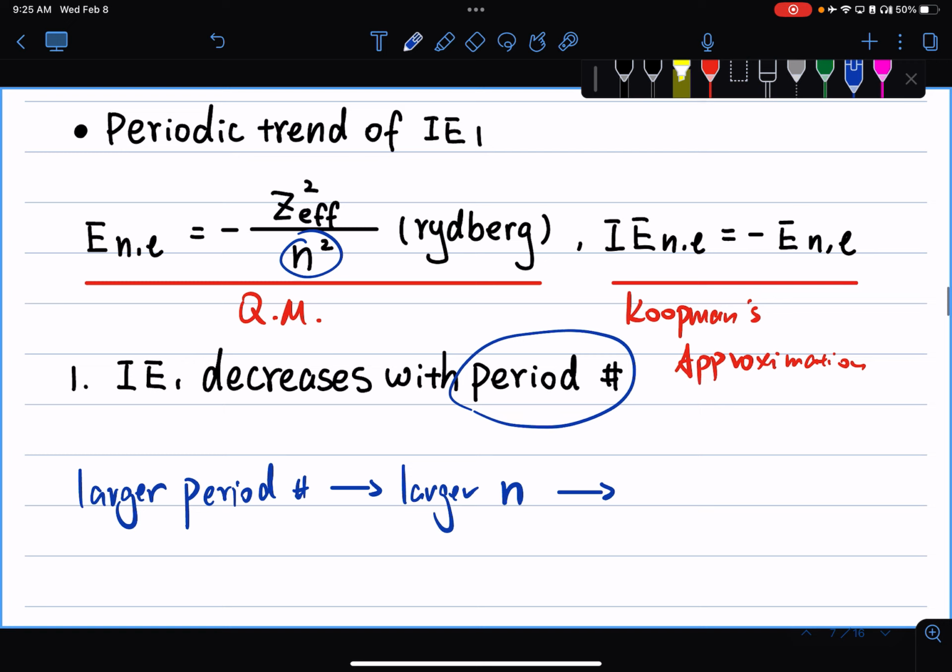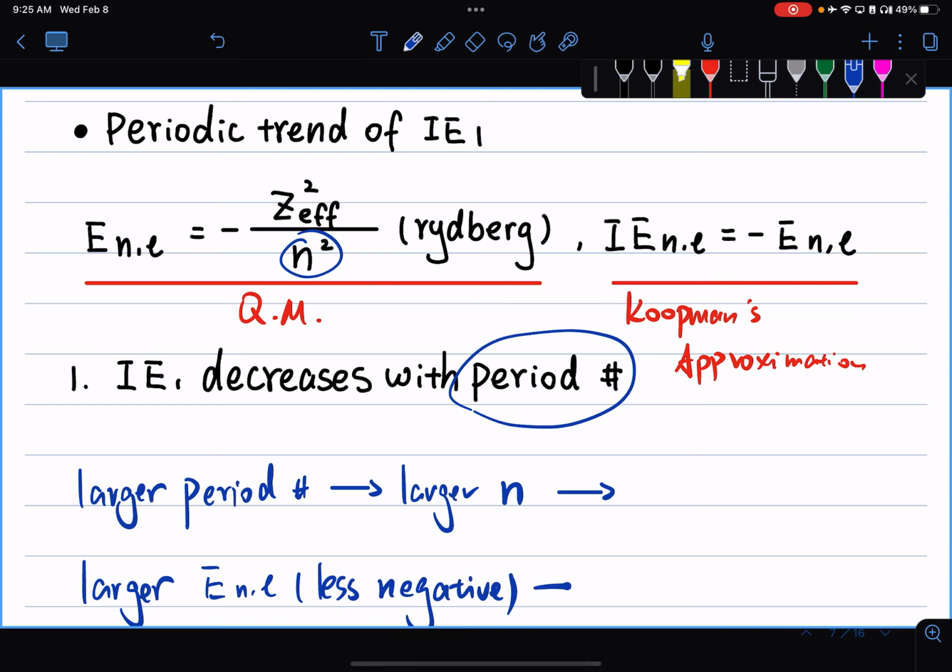That gives us a larger electronic energy of my atomic orbital nl, or when I say larger, I mean it's less negative. And since ionization energy is the negative of the electronic energy of that atomic orbital, that corresponds to a smaller ionization energy.